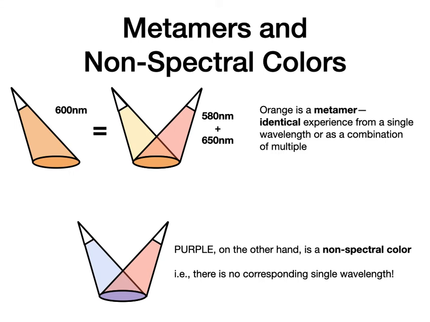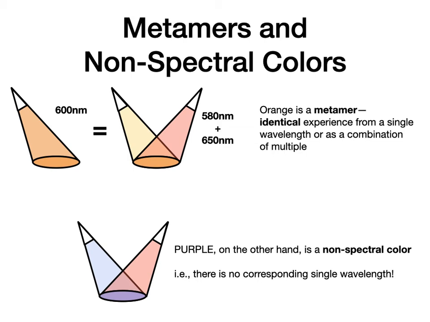It is the identical experience to the experience of summing up two different lights that are near that frequency. So 580 versus 650 added together. It's non-linear. It's a little odd. I don't know all the math, so just trust these things. You combining two different wavelengths, you get the exact same experience of orange.